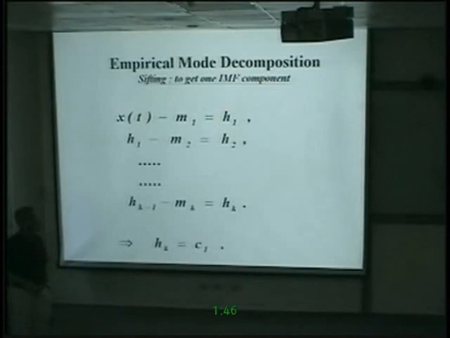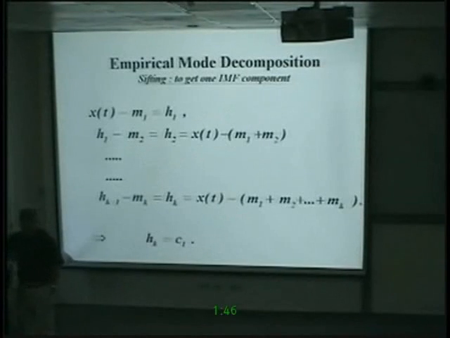Now, I keep refining it until we come to this place. If I write this expanded out: x minus m1 equals h1. h1 minus m2 equals h2. What is h2? h2 equals x minus m1 minus m2. So you can keep on doing this.